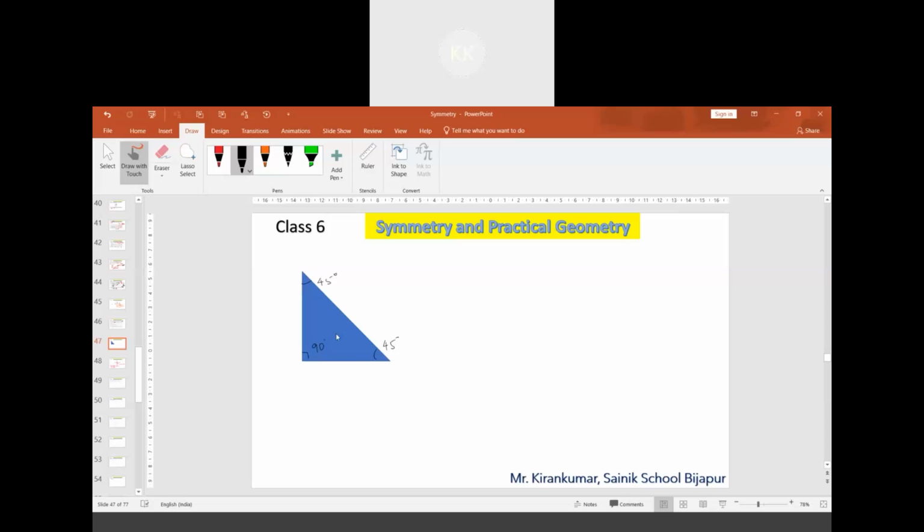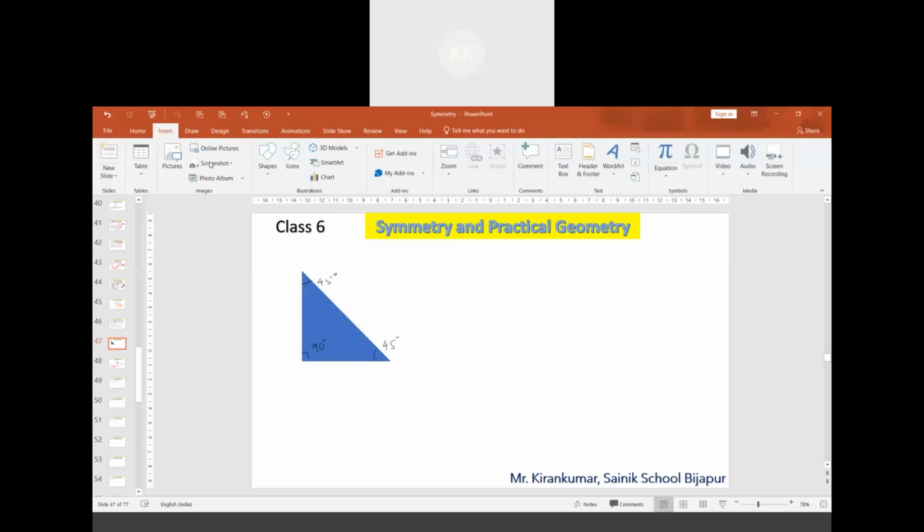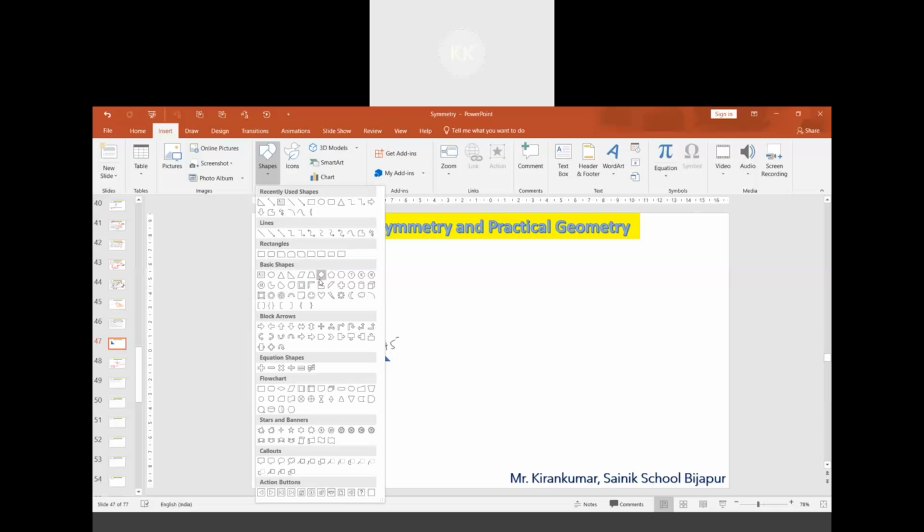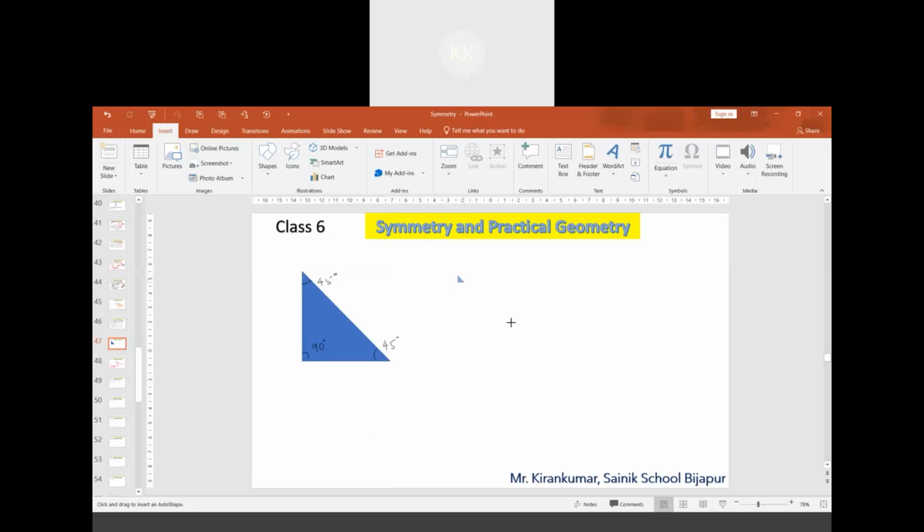This is one set square. In the same way, I will consider one more set square.